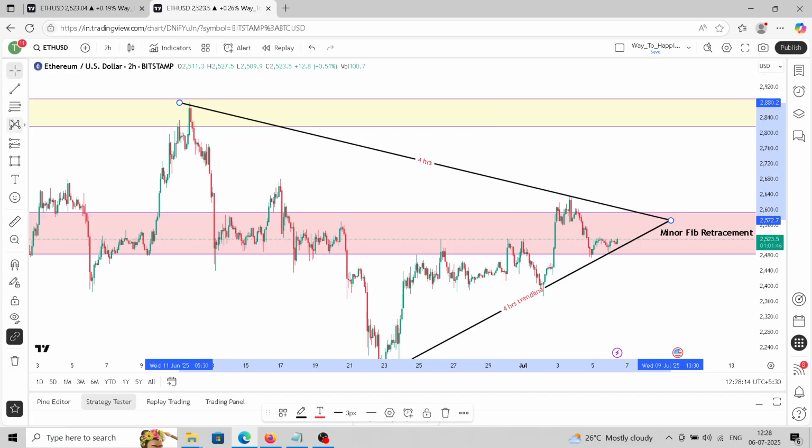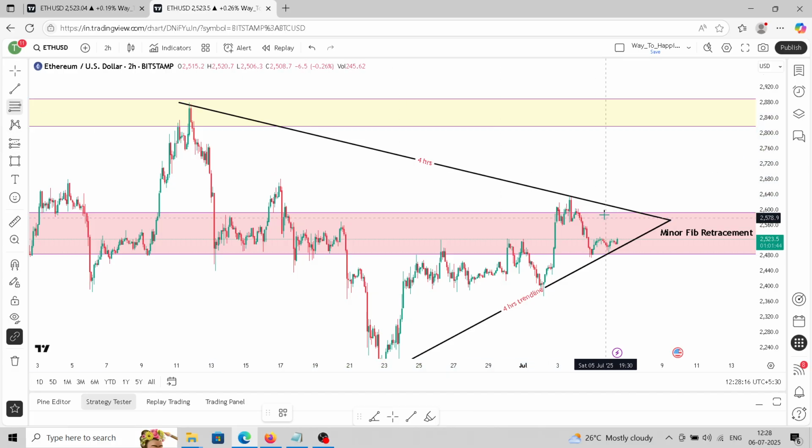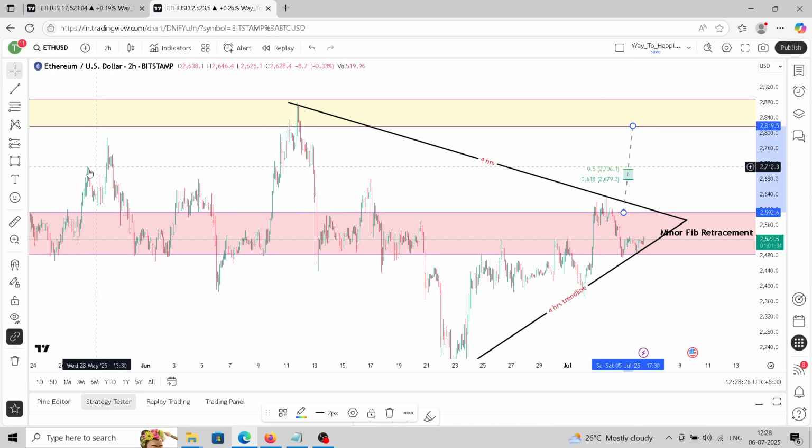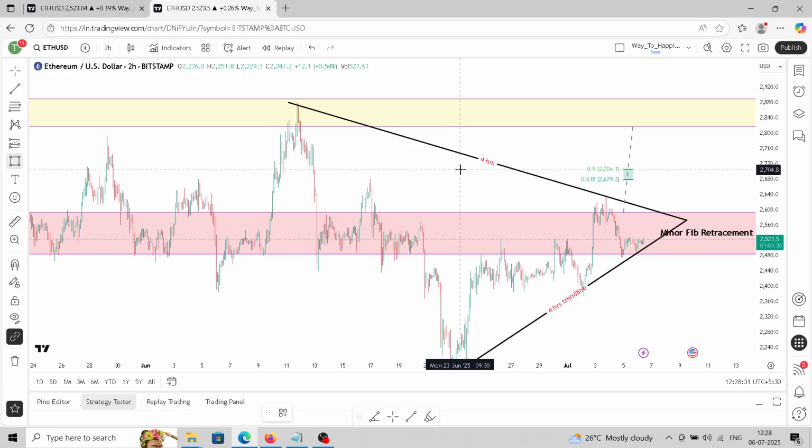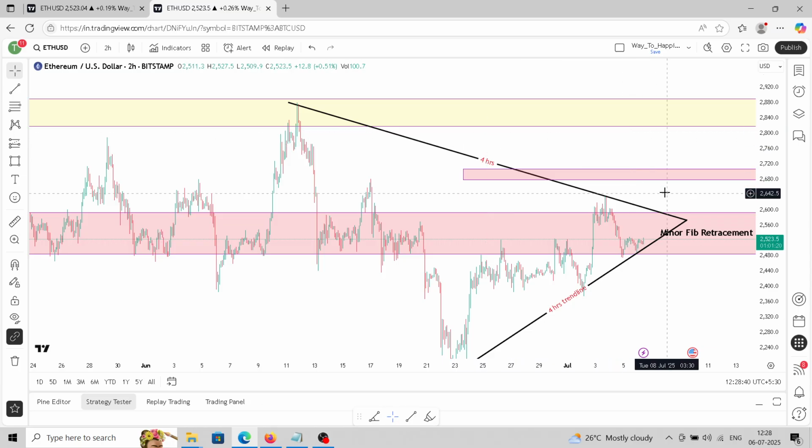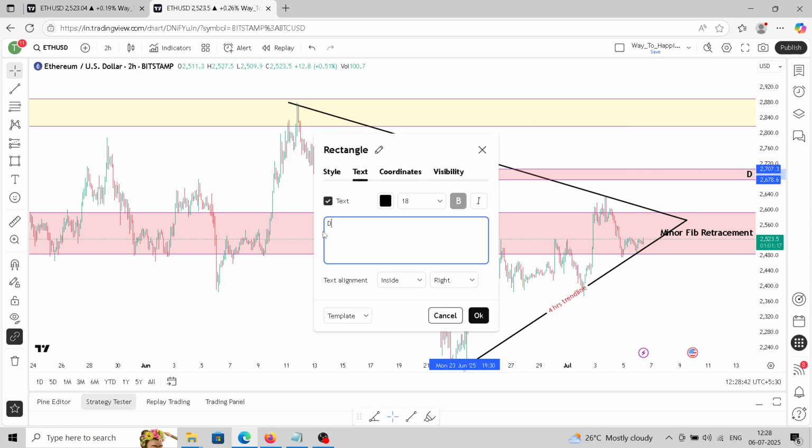If I put another one, just to check where the prices can stop, the prices can come till here, okay, here. And this will become my decision box for ETH.